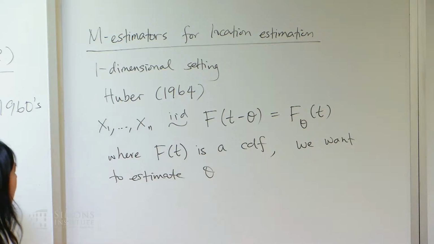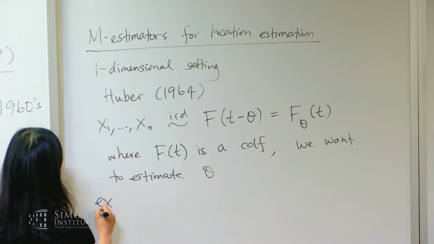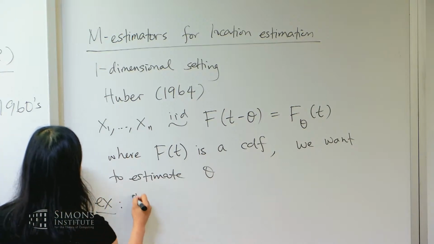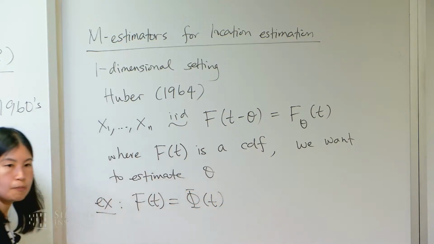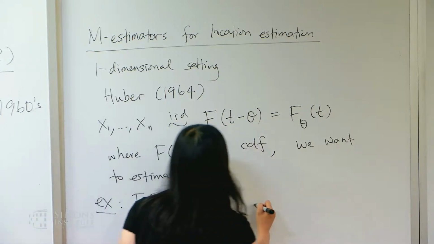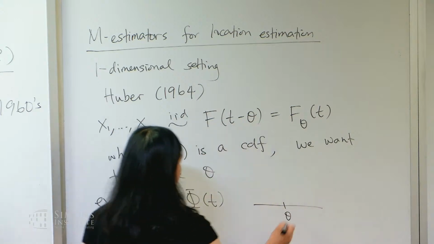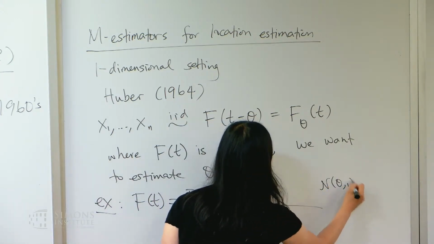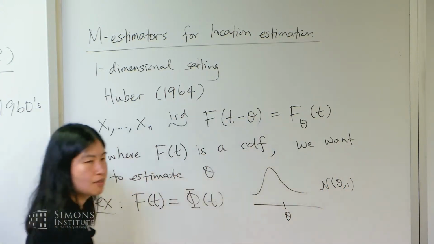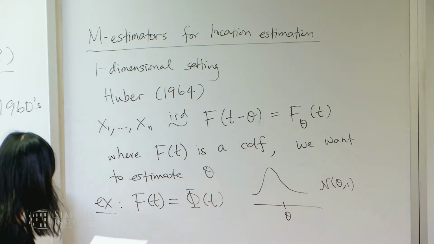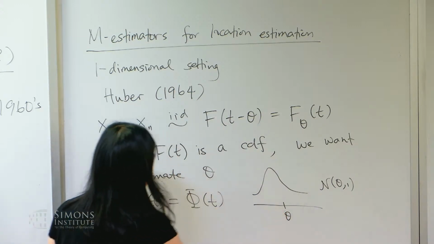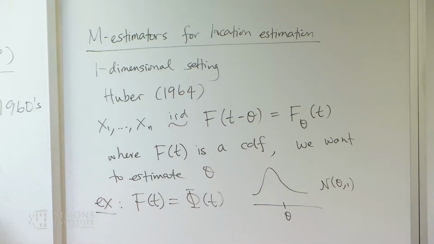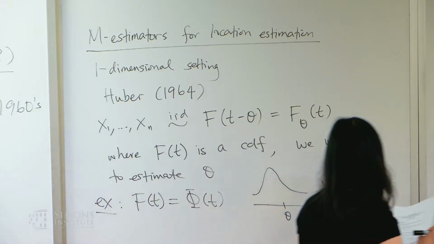As a concrete example, we can consider F of t equal to the standard normal CDF, which means that we have IID data from normal(theta, 1). The PDF looks like this. We want to estimate theta. Okay, so what would we do? Well, if we're trying to estimate the mean of a normal distribution from IID observations, we would use a sample mean, right?